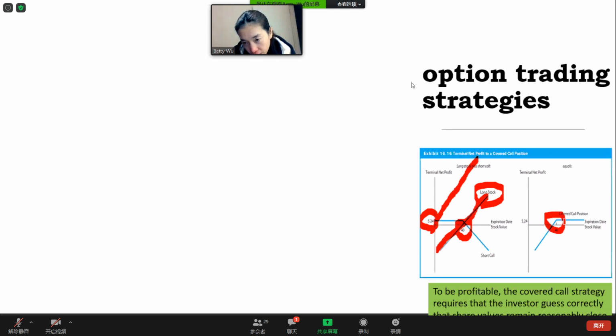The really bad thing is here. If the price goes significantly higher, you're worse off compared to a long stock position. Originally, if the price goes up, you can enjoy upside potential, but because of writing this call, your upside potential is capped. So it really depends on your belief.